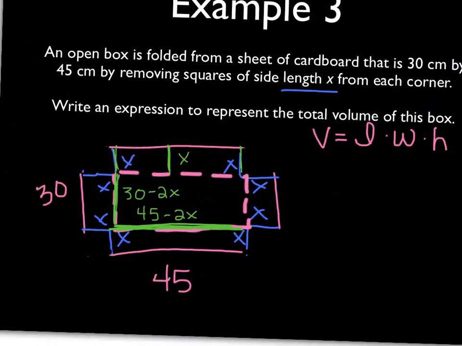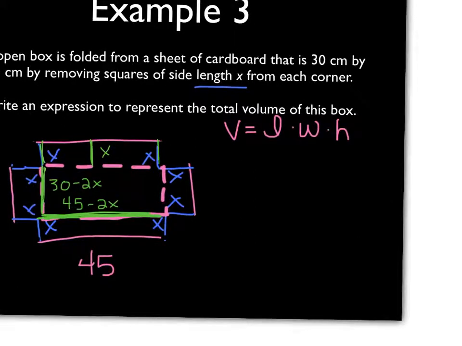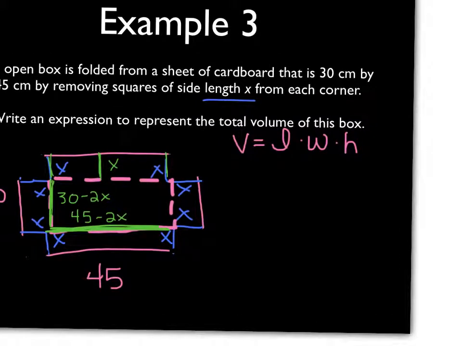So now let's go back to our formula. I want to do length times width times height. So I'm going to do, V equals 30 minus 2x. Hold on, scratch that for a second. I need some more space.